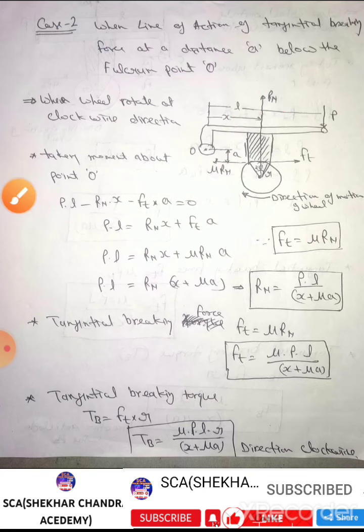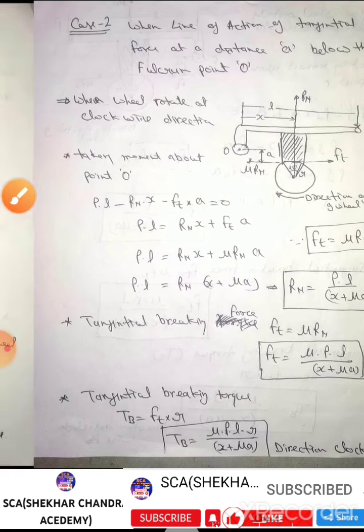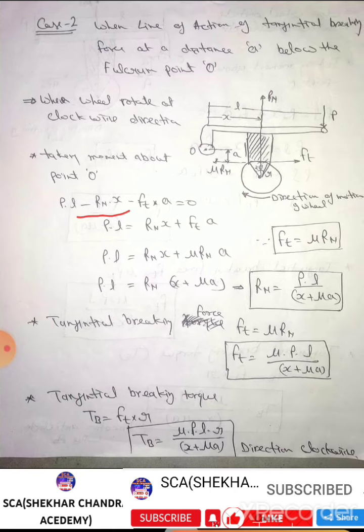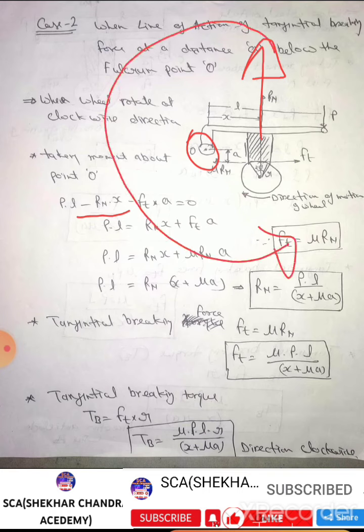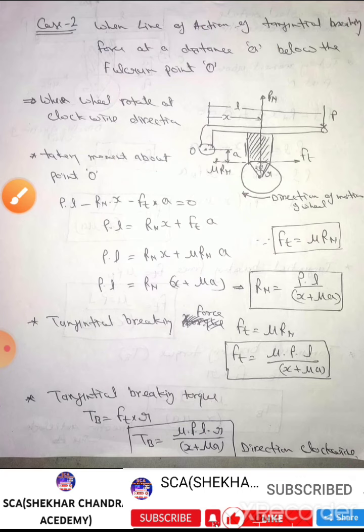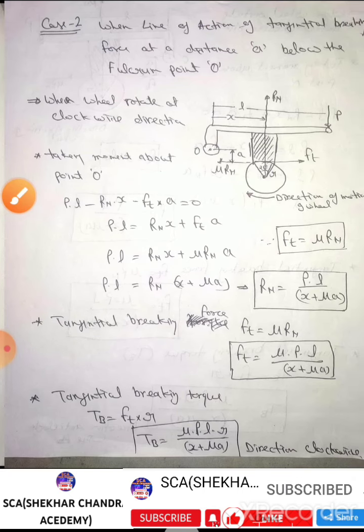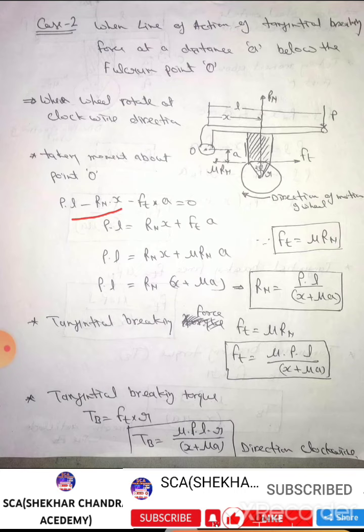So Rn into x is in negative sense because Rn is a perpendicular force in upward direction and its moment about point O is anti-clockwise.